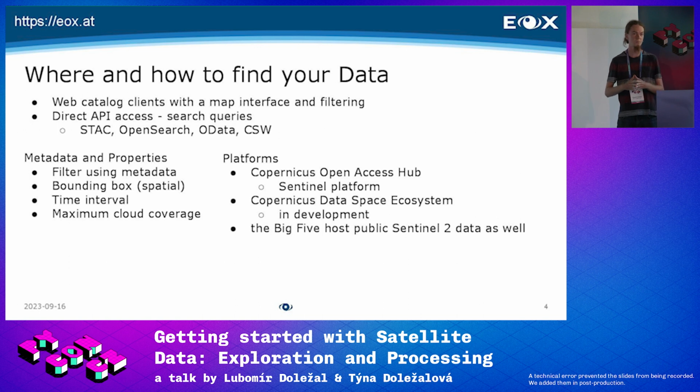The abbreviation is for Spatiotemporal Asset Catalog, which has JSON as the structure. It has levels like catalog, collection, and item. These are the 3 generic levels over which you are searching. Each item is usually one scene taken from the satellite with some connected metadata. The other 3 catalog search interfaces are more dated, but they are still commonly used on the platforms that serve the data.